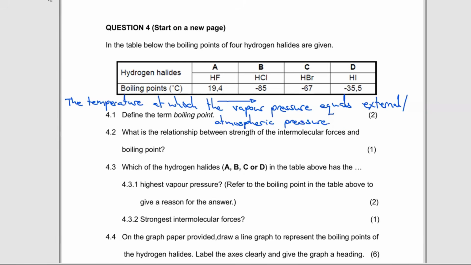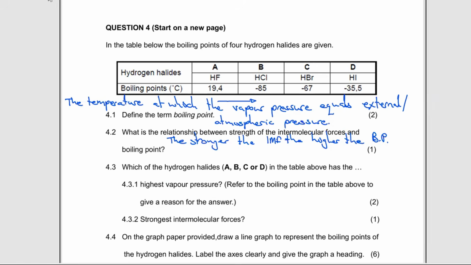I'll just write IMF there: the stronger the intermolecular forces, the higher the boiling point. Or you can refer to it in terms of weakness: the weaker the intermolecular forces, the lower the boiling point.